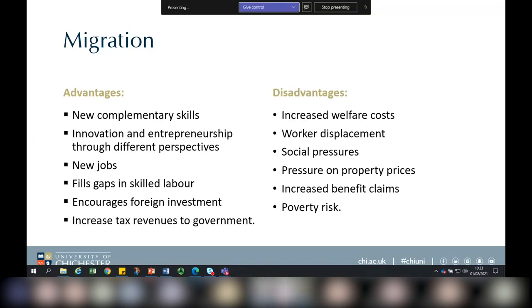A lot of the negative comments were that more migrants coming over are using the NHS, they're taking our jobs, they're putting the price of property up, they're claiming benefits. So these are some of the negative things that you might have heard around that time.